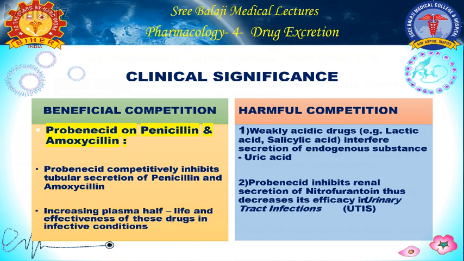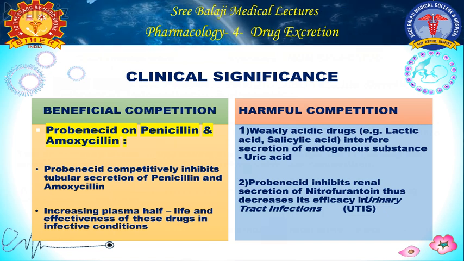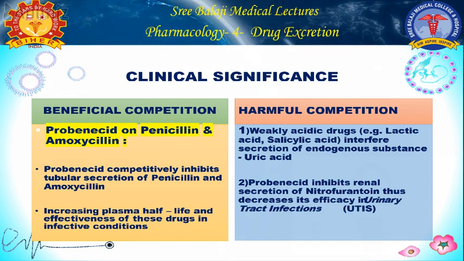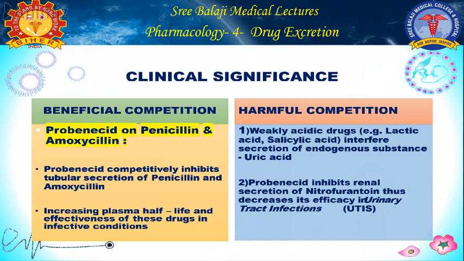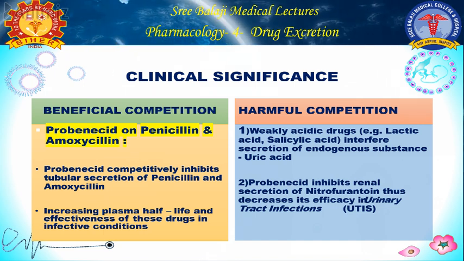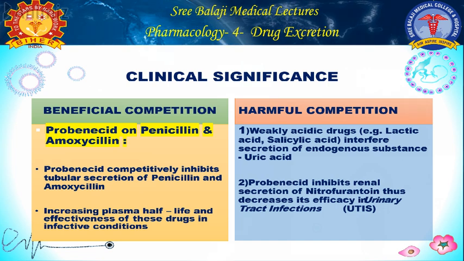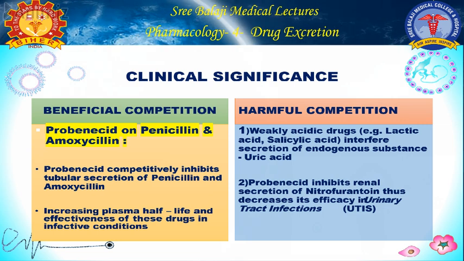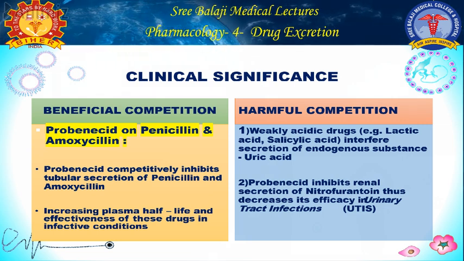So the penicillin will stay back in the systemic circulation, and this causes an increase in plasma half-life of penicillin. It is beneficial because penicillins and amoxicillin generally have a shorter half-life. When we give them along with probenecid, the half-life of penicillin will be increased, so the duration of the drug will also be increased.